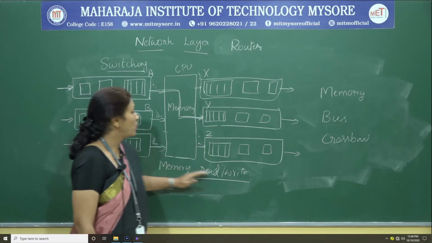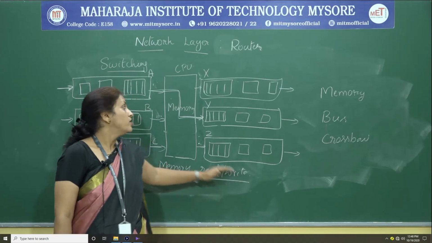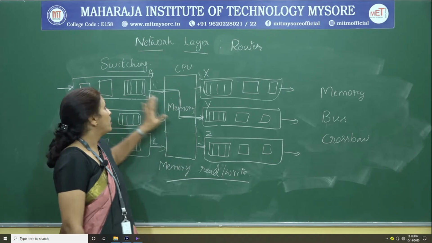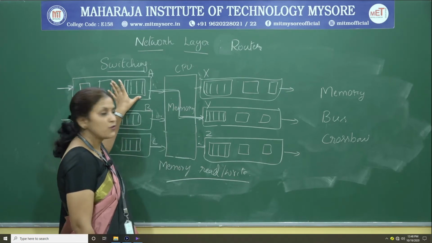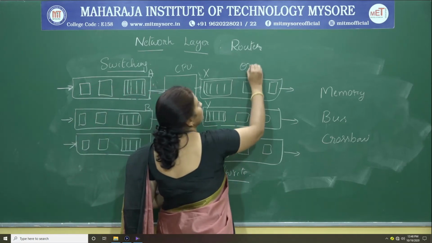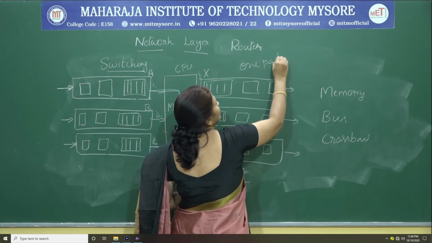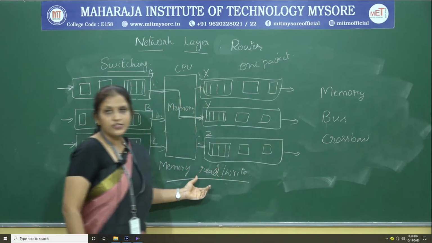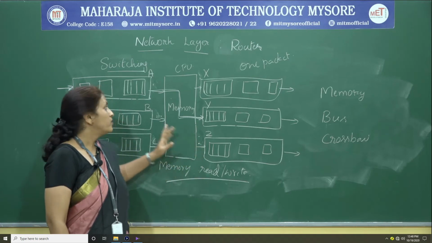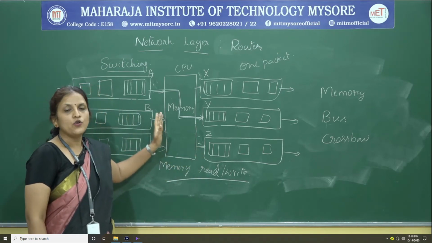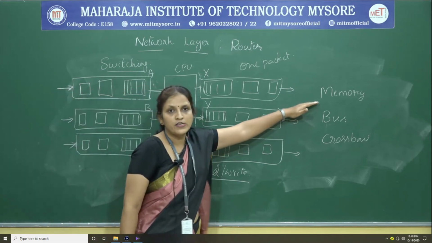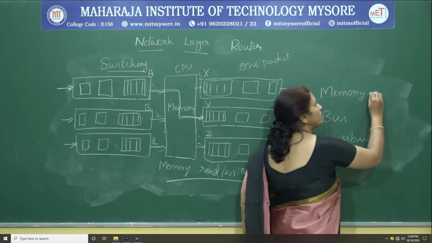So, when we share the memory of a system in order to switch packets, we can do it only for one packet at a time, isn't it? Because memory read and write operations can be performed only one at a time. So, at a time we can serve only a single packet here. That is the first way through which we can switch our packets.